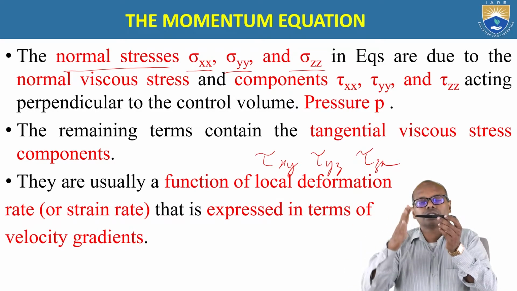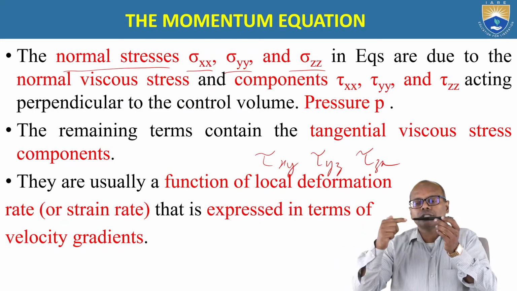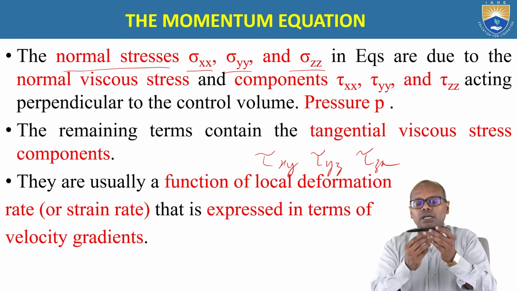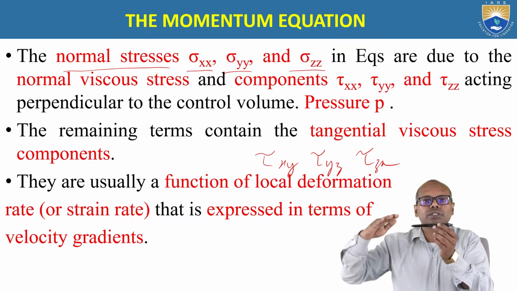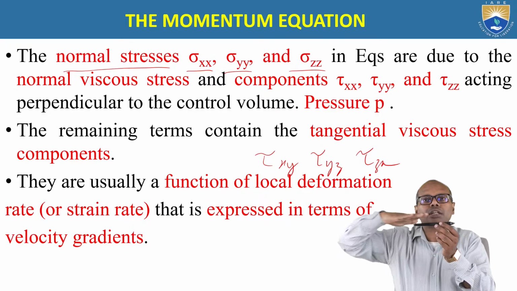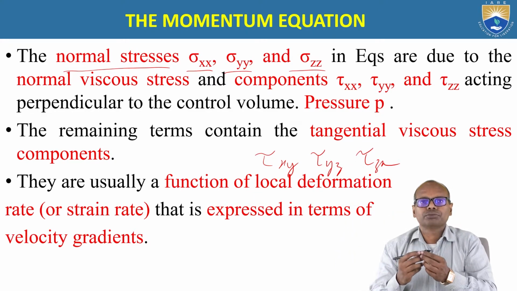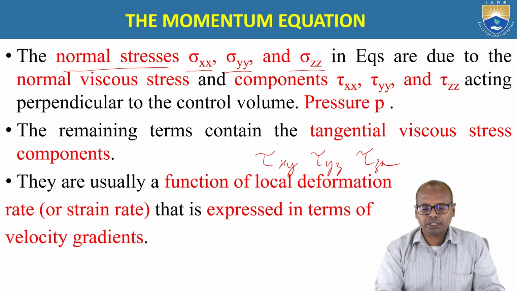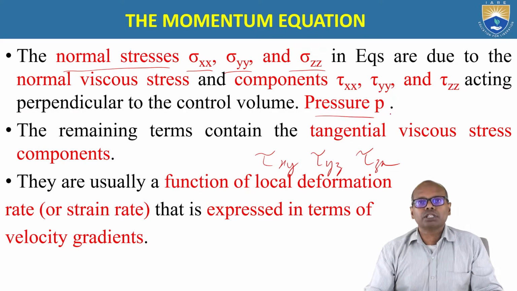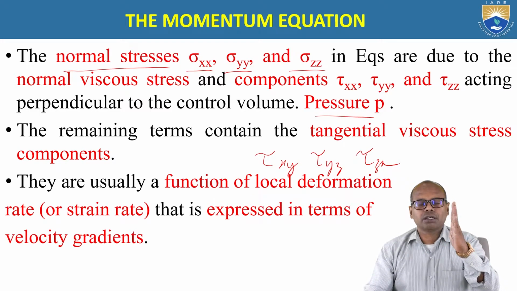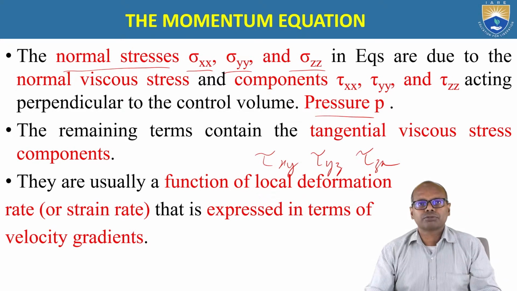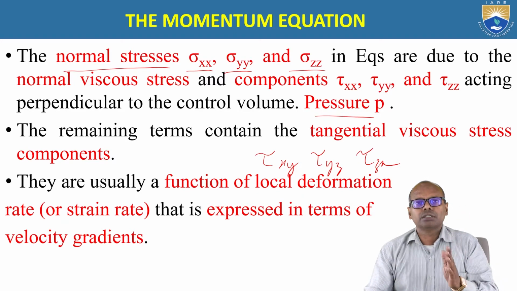Suppose this is the face: the normal stresses act perpendicular to the face, and the tangential stresses act parallel to the face. This is the way they act. The pressure acts normal to the face or normal to the surface. The normal stresses act normal to the surface.